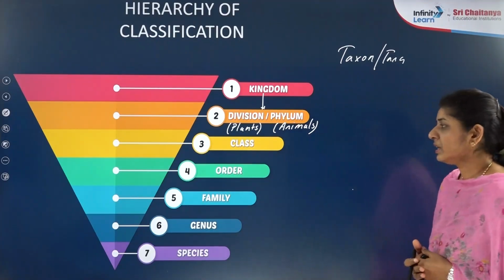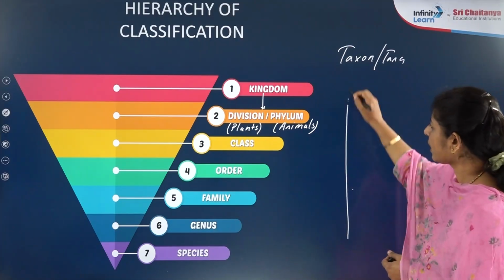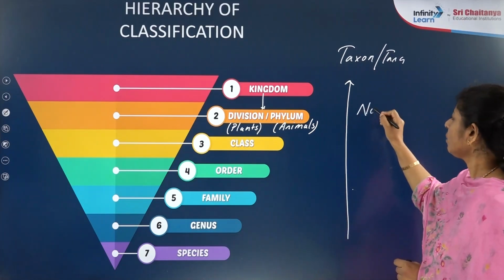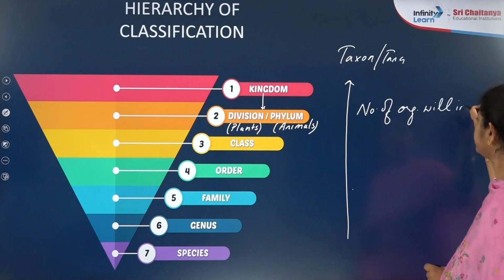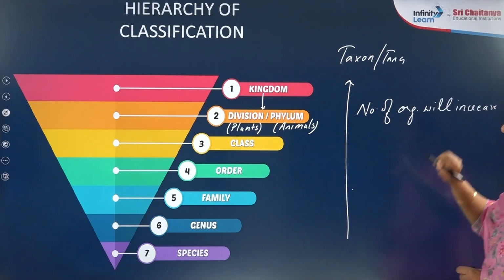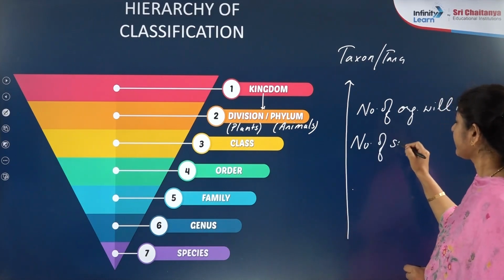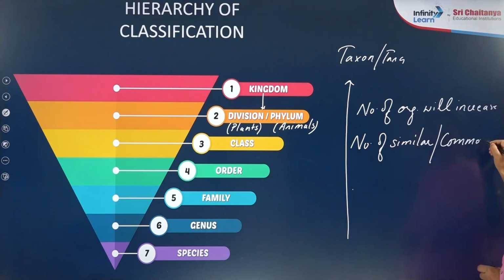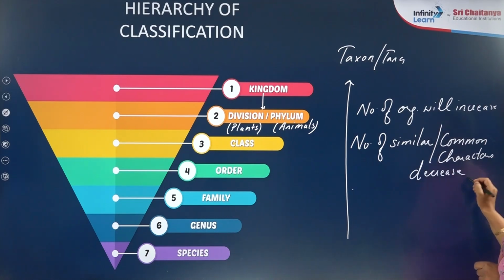Now next after this, if we take the next important question, if I am going from lower to higher, what will happen? One thing I already discussed with you, the number of organisms will increase. And do remember one more thing will happen, that number of similar characters, or you call it common characters, will decrease here, right?